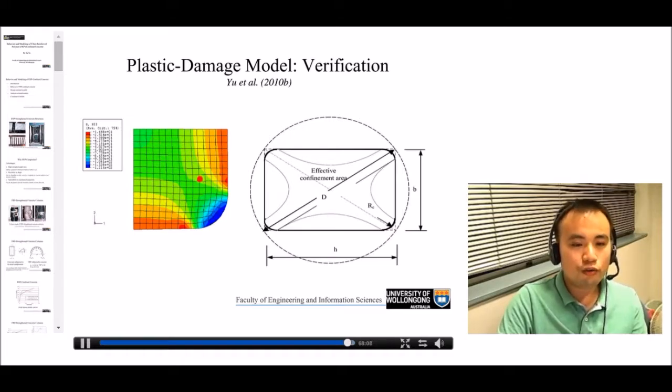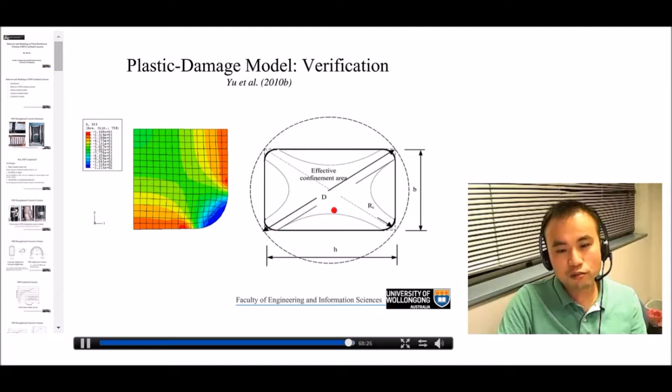Green represents higher axial stress, blue represents extremely high axial stress, and red represents low axial stress. Interestingly, this pattern is very similar to what people have assumed for the effective confinement area, which means this assumption used in many design models makes sense.